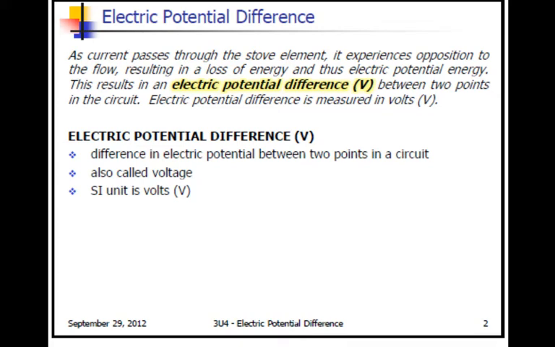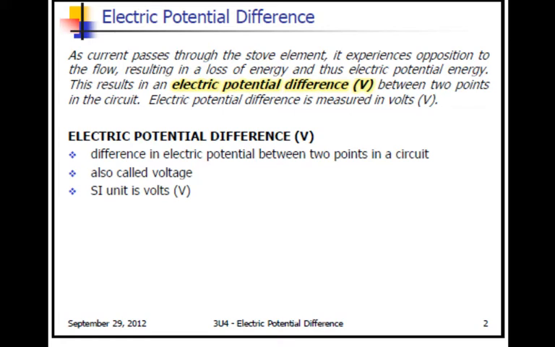That energy it loses is the electric potential energy that the electricity had. So there's a difference in the electric potential after passing through the element. That difference, we give a symbol of V.